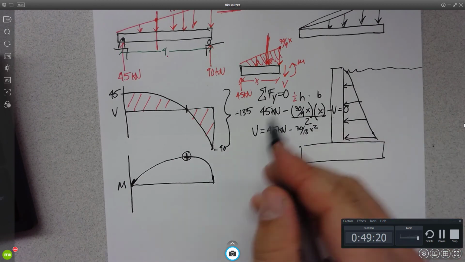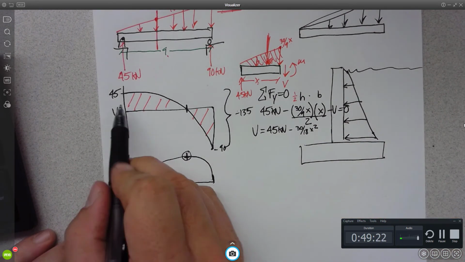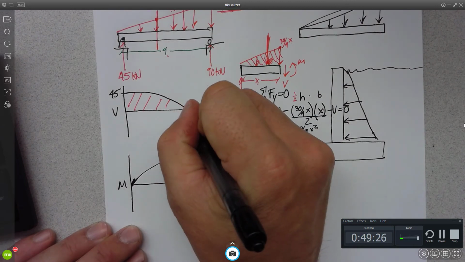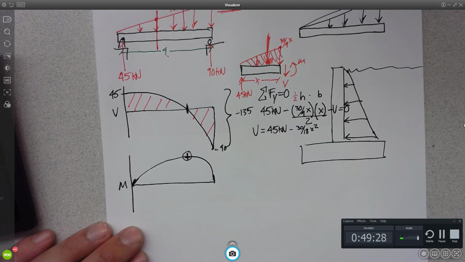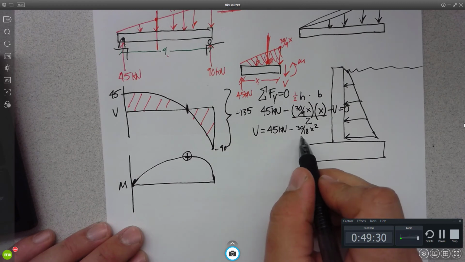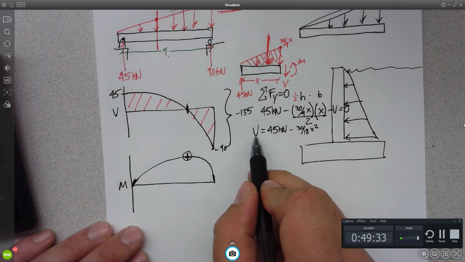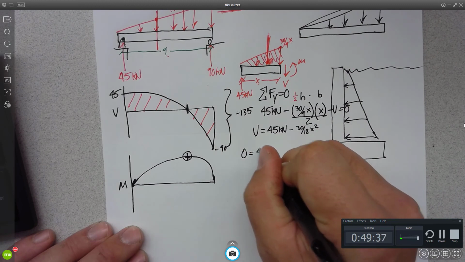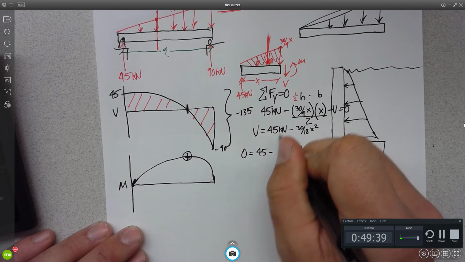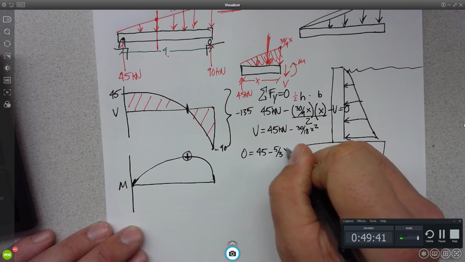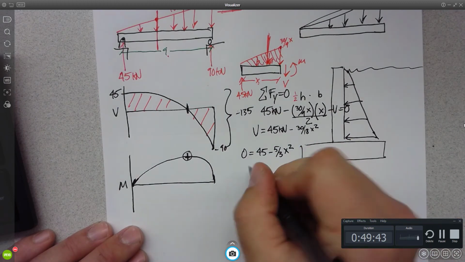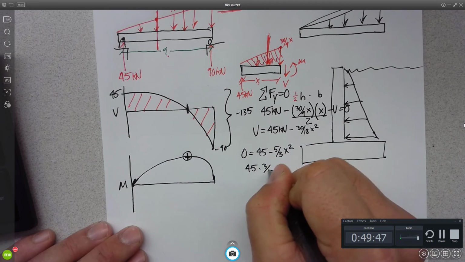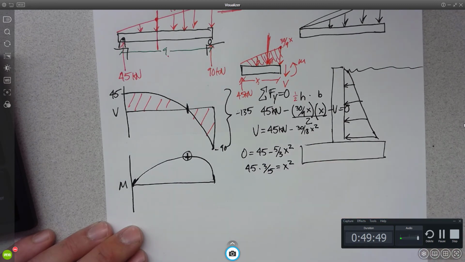Okay, so this just gave us the equation of this here line, right? I want to know, where does it cross the 0 point? Well, I can say, okay, where is the shear equal to 0? So I say, okay, 0 is equal to 45 minus 5/3 x squared, or 45 times 3/5 is equal to x squared.